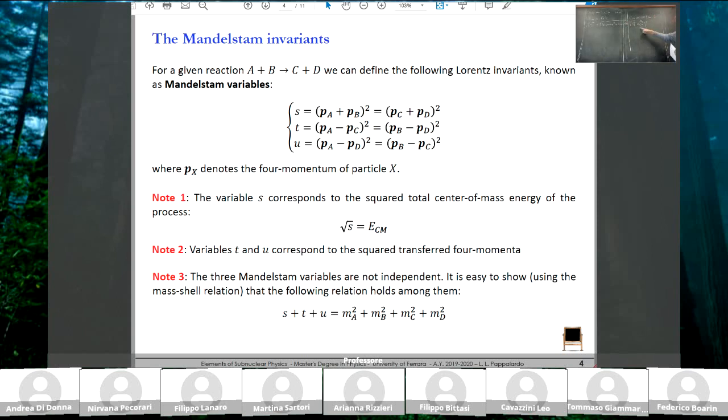So it's the sum for f that goes from 1 to n of all the energies in the center of mass system. This we can further split into a mass term and a kinetic term as usual: the sum for f equals 1 to n of Kf star plus mf.